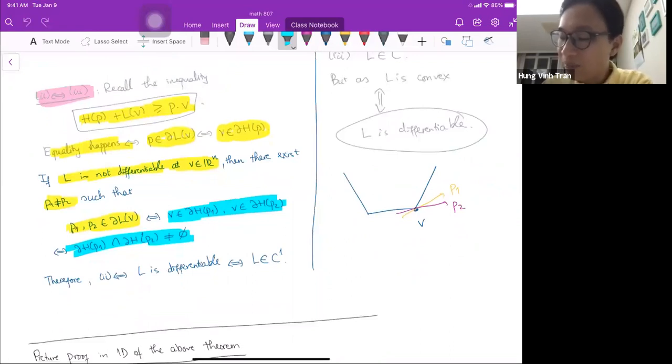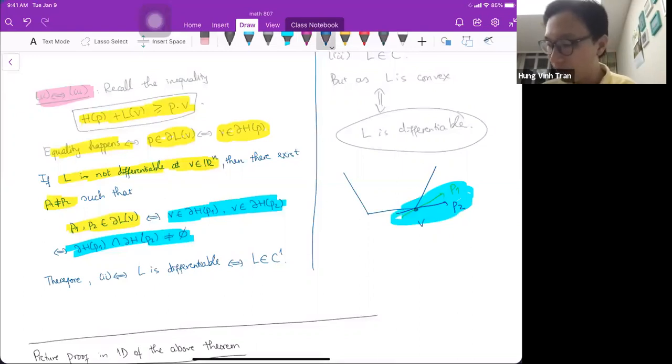So to sum it up, how should I phrase that two is equivalent to three? To put it this way, if L is not differentiable, then it is equivalent to the fact that there are two different values, P1 and P2, that are in the subgradient set of L at V. And from this picture, this is equivalent to the fact that del H of P1 intersect with del H of P2 contains at least V, because that's a duality.